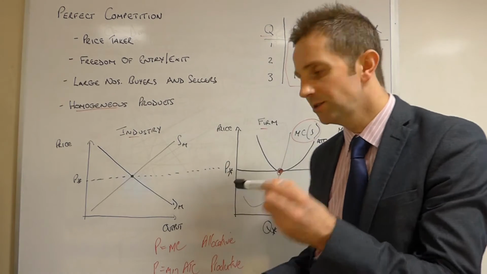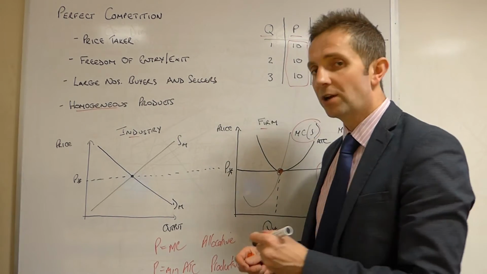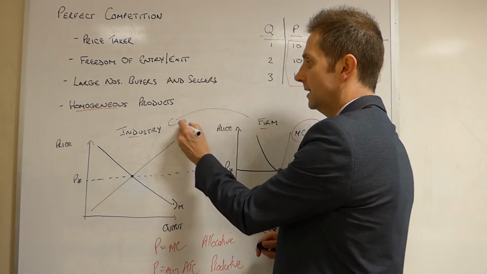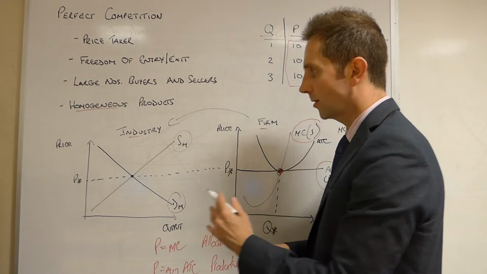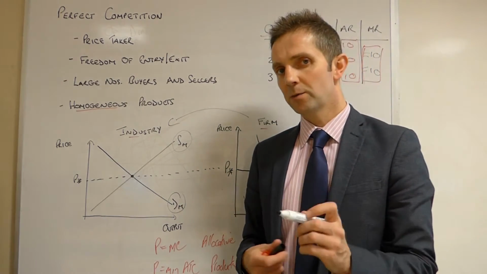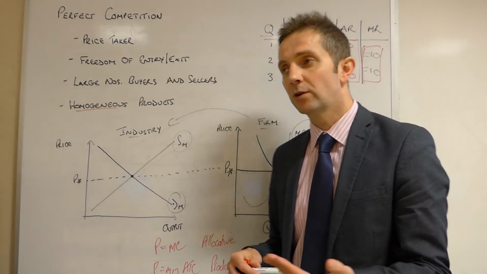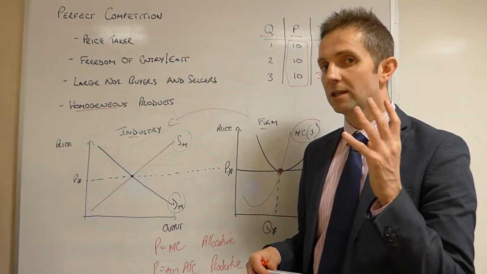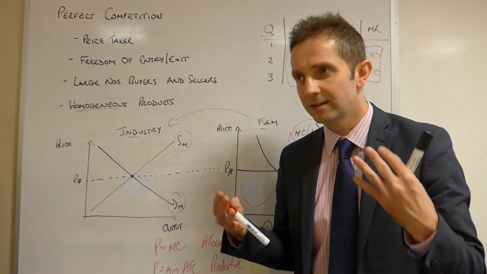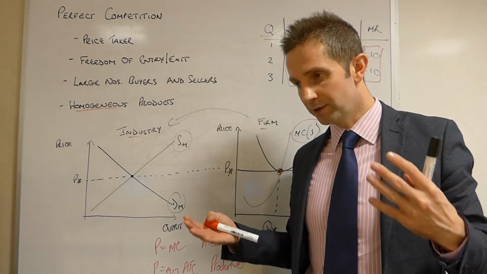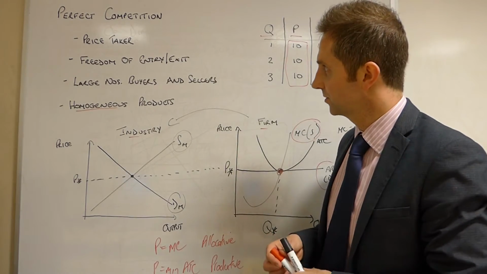Well, the firm has to accept the price determined by the industry market supply and the industry market demand. So firms are price takers, unlike monopoly, of course, where the single supplier is a price maker and has that ability and that liberty, if you will, to set its own price.